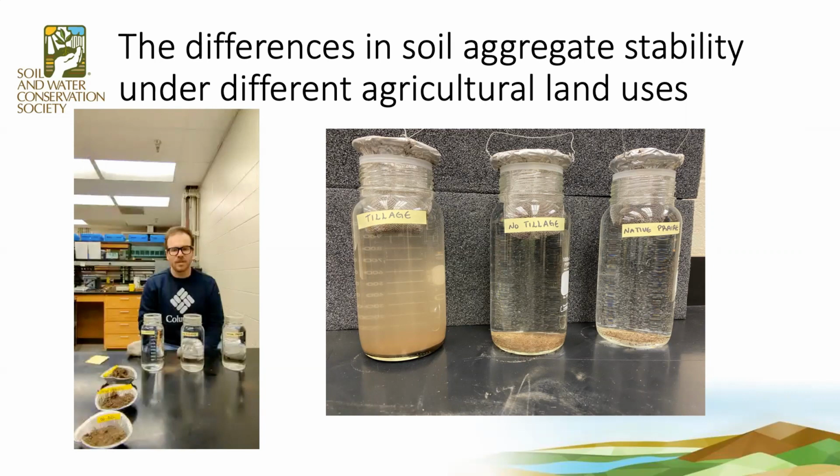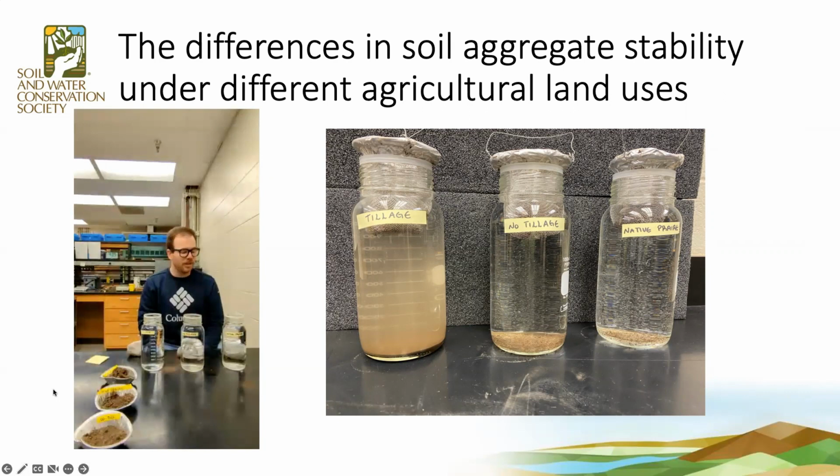And you can see in this video demonstration how easily this soil disaggregates in water. The soil in question is the soil under conventional tillage system. How easily the soil disaggregates when it contacts water.